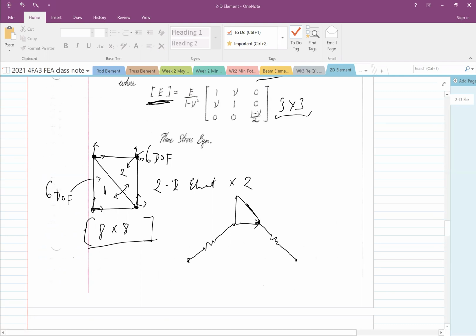Because when that node moves, it communicates information to this one and that one. And because this node moves, it will affect this node. So it will affect the movement of this element as well. I assume this is fixed, right? So watch out, you might see something like that in the final exam.